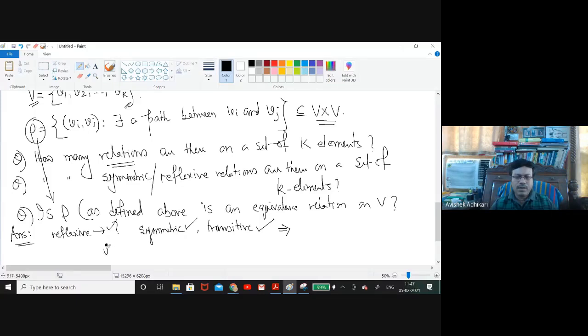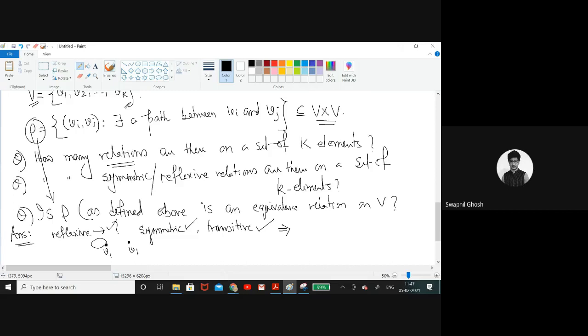If it's a single point, then that means there is a path from V to V, not necessarily a loop. So by convention, it's a path of length zero. Okay, sir. Okay.